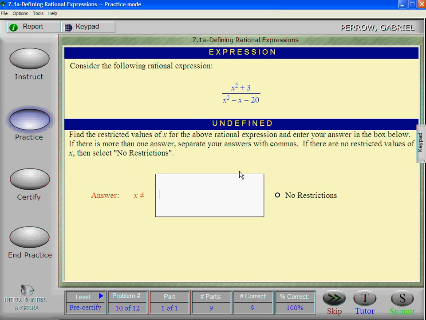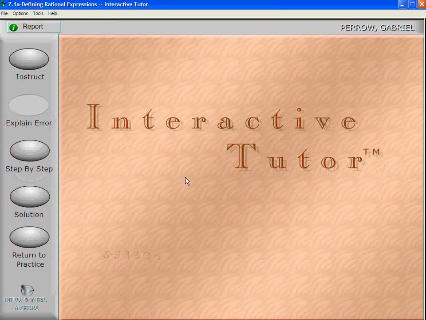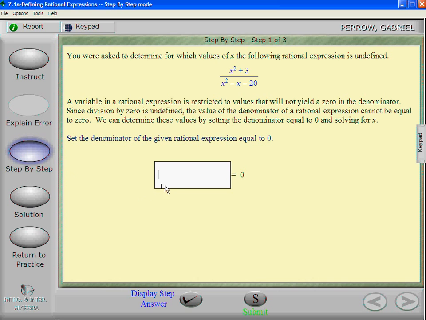Okay, this one's one with the factoring, because we look at that, it's not quite clear how I'm going to get that to be 0 on the bottom, the restrictions. So if I go to the tutor mode, we'll go through their steps.